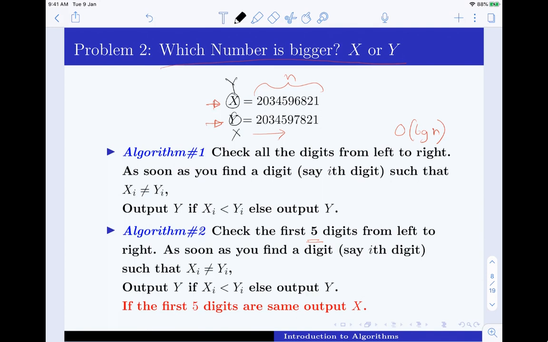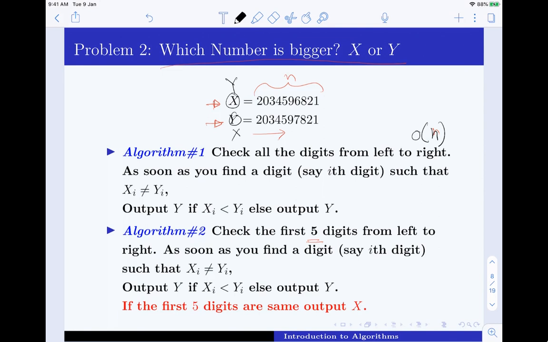Okay, so here we are. We have this first algorithm that takes, sorry, I made a mistake over here, of course. I meant that this will be order n, where n is the number of digits, not order log n.